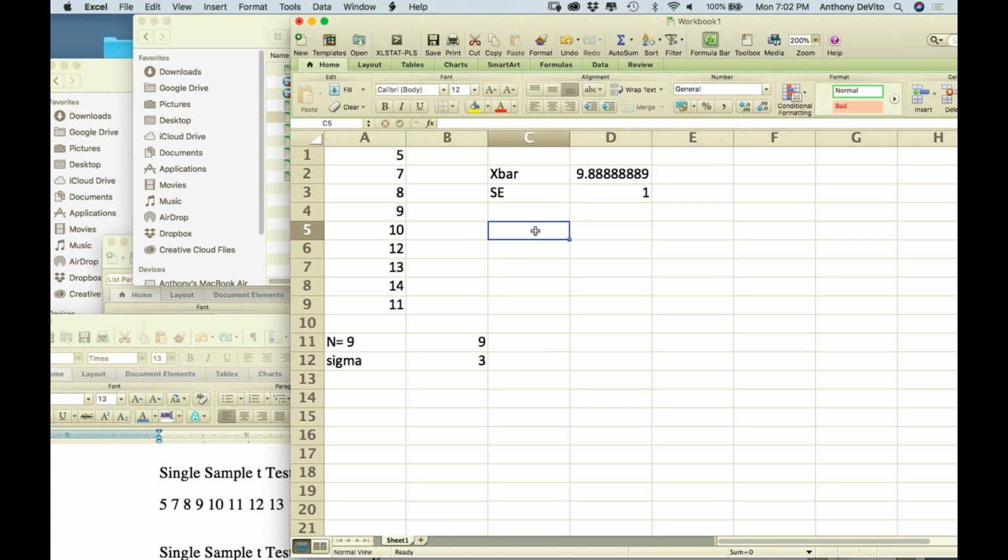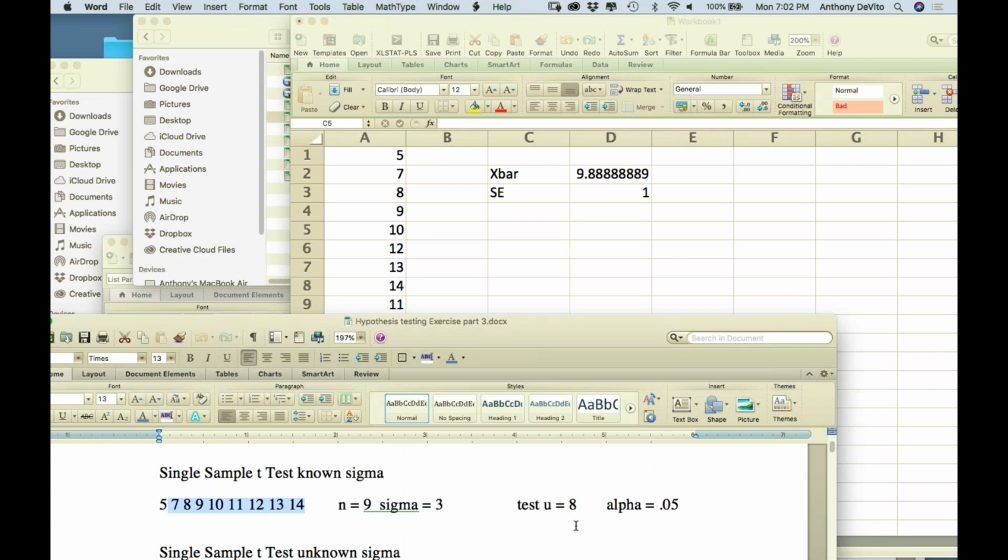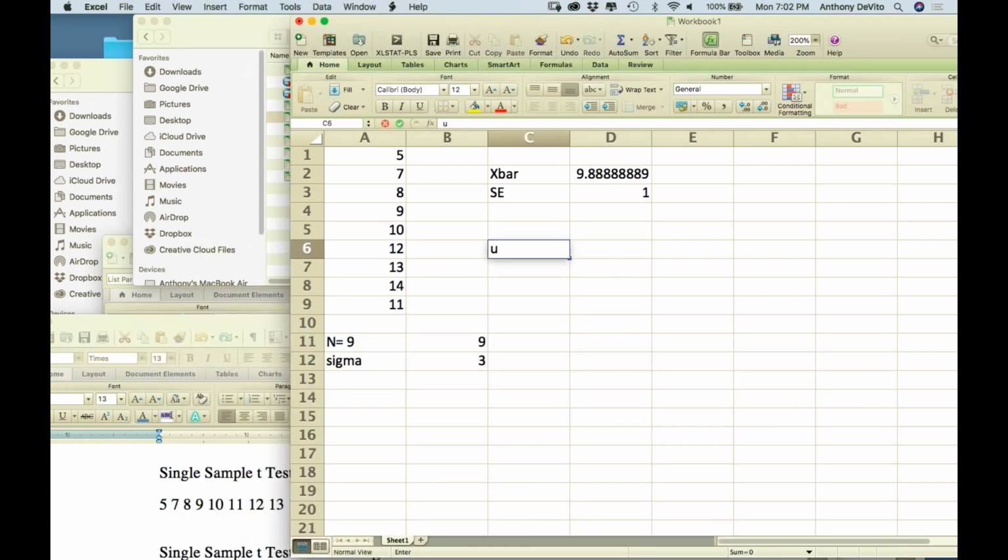So if we want to compare this to a known value for another group, mu for this other group is equal to 8. If we want to determine how many standard errors apart these are, we can just take the difference between the mean of our sample and the mean of the other population and divide it by the standard error.